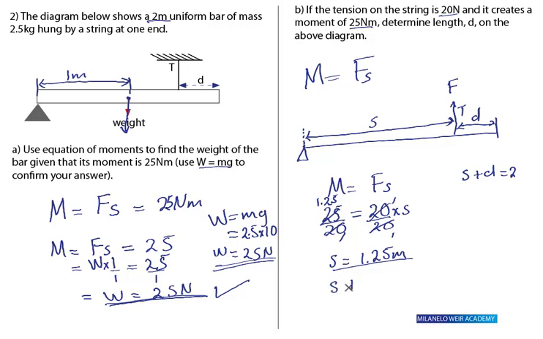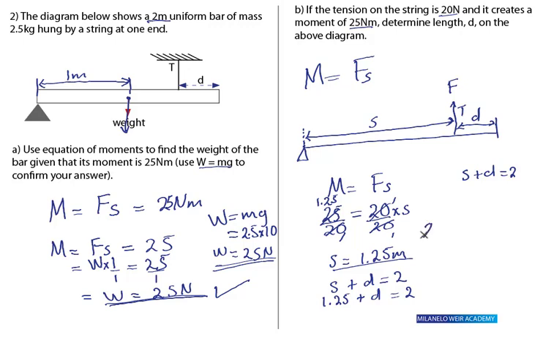So S plus D is equal to 2. So 1.25 plus D is equal to 2. So if we take this to the other side, what number when we add it to 1.25, we get 2? That's 0.75.